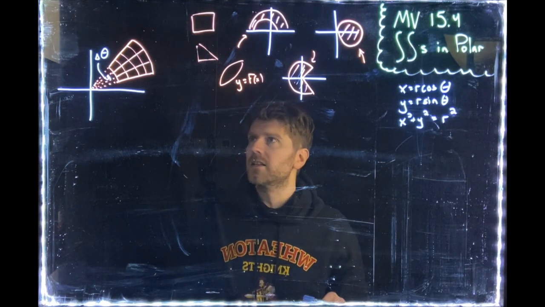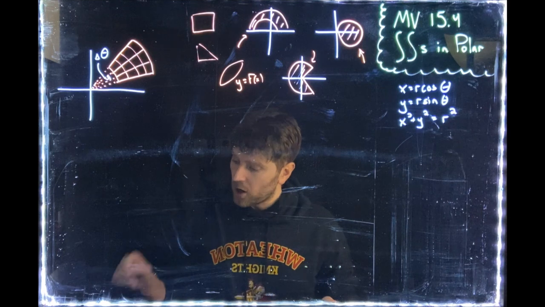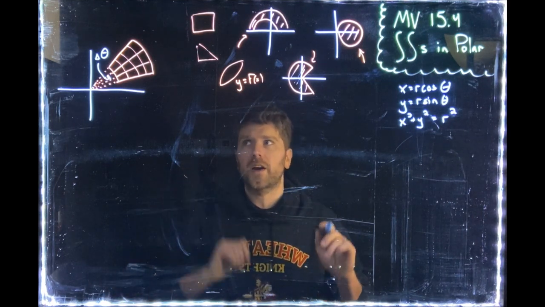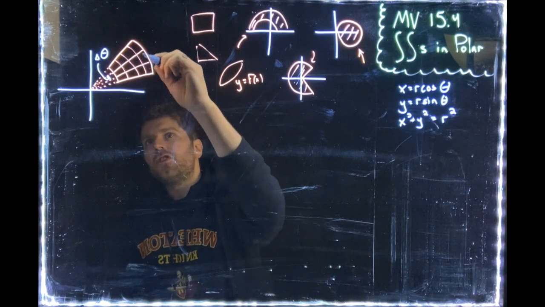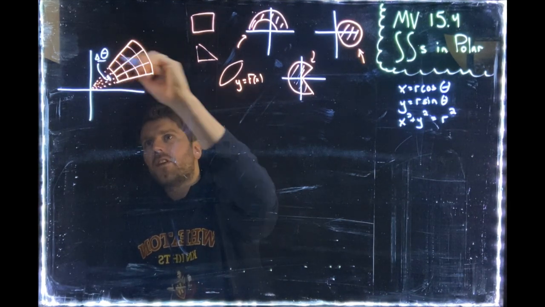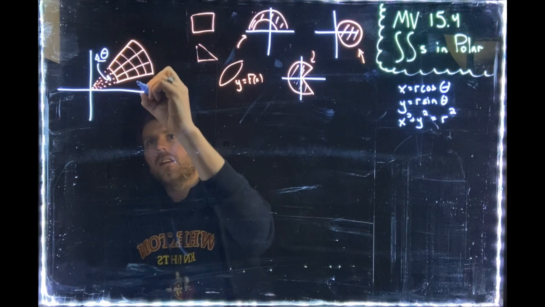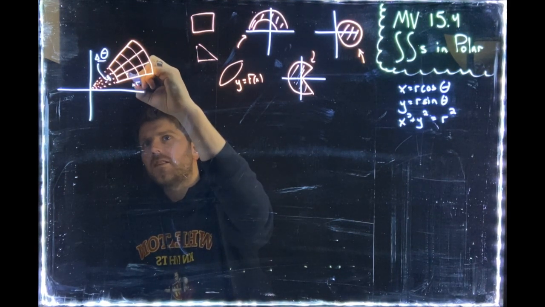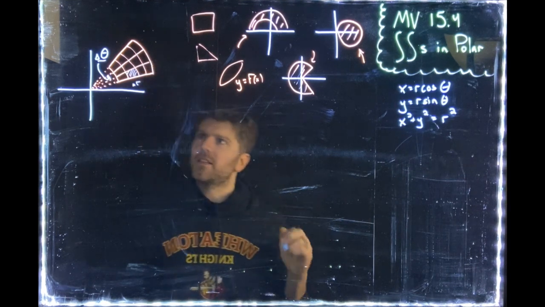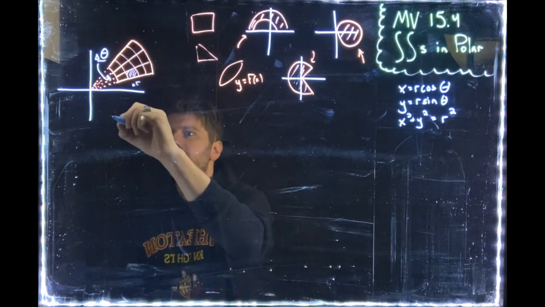And the secret is that we take our region and we carve it up, but instead of carving it up into squares dx dy, we carve it up into regions that have a certain angular extent delta theta and a certain radial extent delta r. So let's take this block here just as an example, and we want to ask, what is delta A?